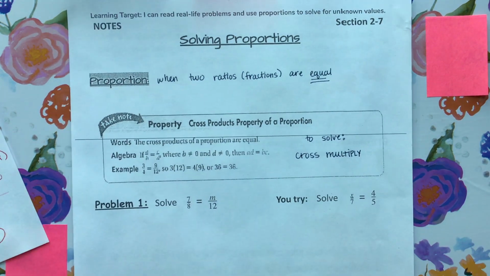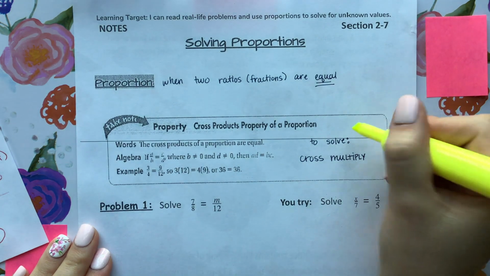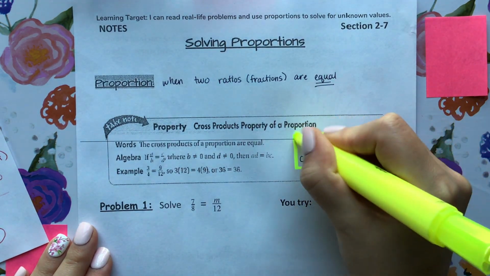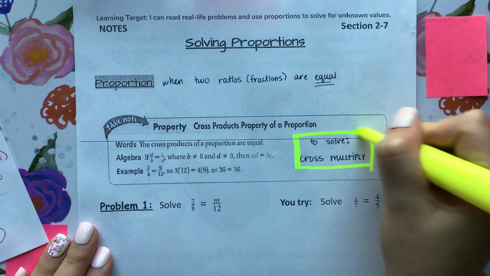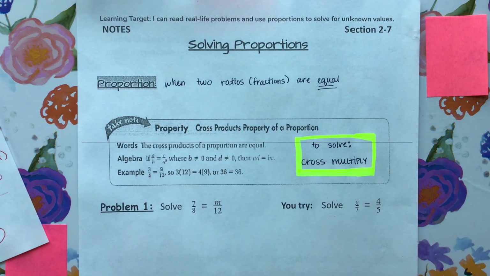That's basically what that's saying for you. So I'm going to box that in because that's pretty important. And we've been cross multiplying for a while, but it's still good to have a reminder.